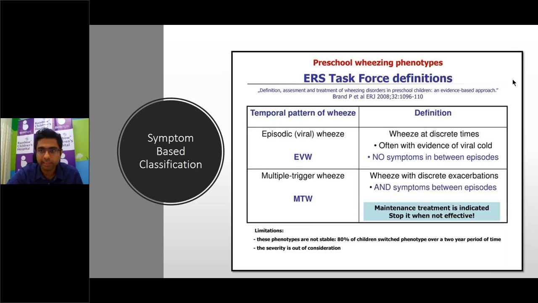Multi-trigger wheeze is when there are symptoms apart from viral triggers, that is food, emotion, exercise, activity, and there will be interval symptoms, with more than 3 episodes in a year. Between one episode and another, there will definitely be interval symptoms. So this is an easy classification as episodic and multi-trigger. They are always known as multi-trigger recurrent wheeze.